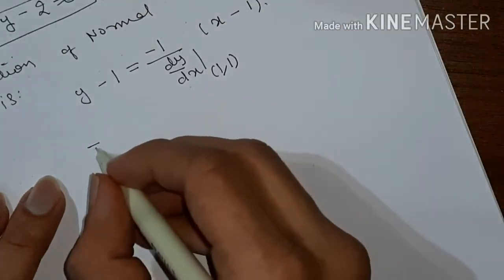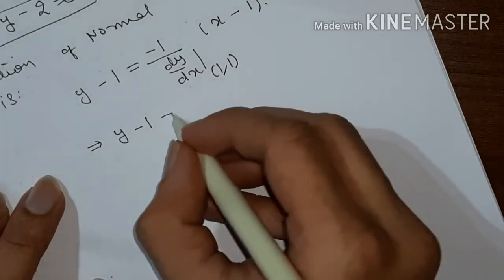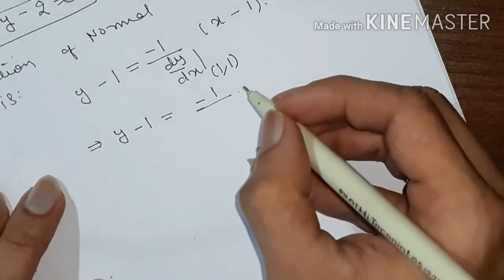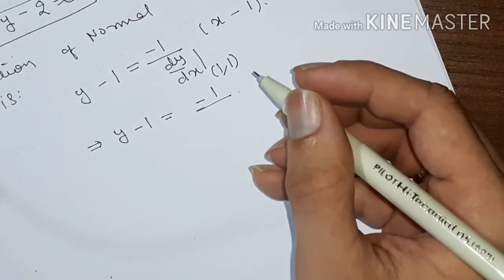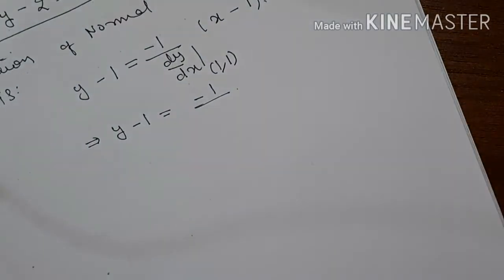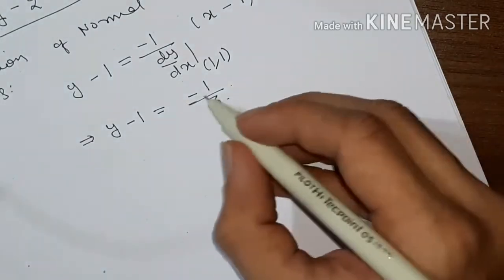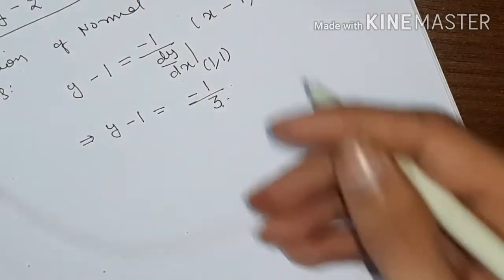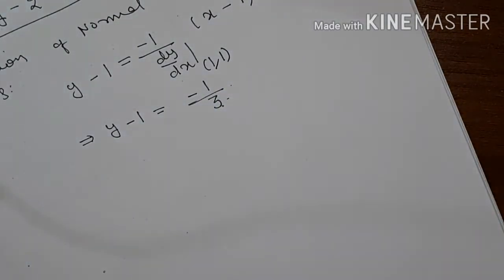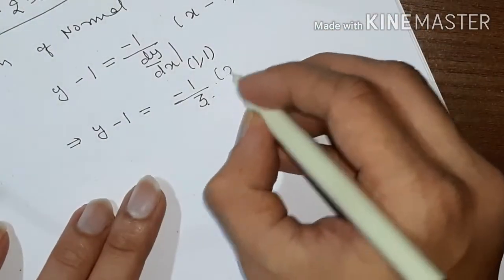So that means y minus 1 equal to minus 1 divided by the slope at the point (1, 1), which was 3. So you will get 3 here, so that is minus 1 divided by 3 multiplied by x minus 1.